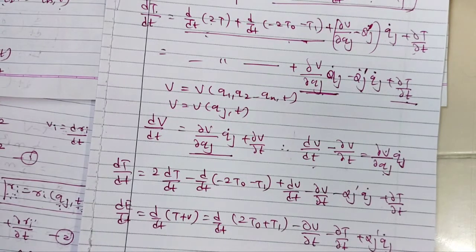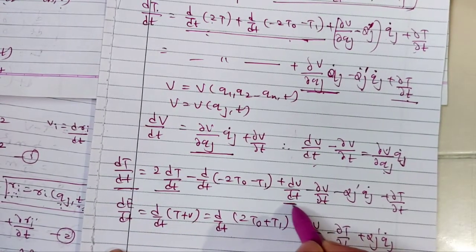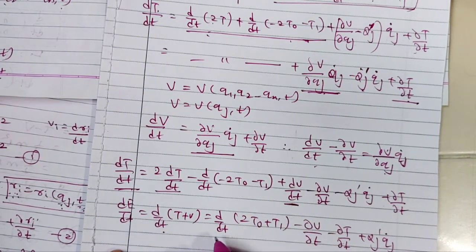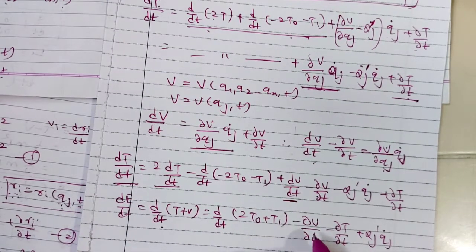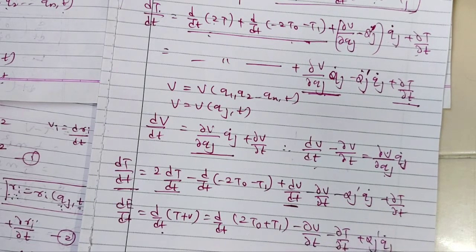So in short, we combined these two terms, took this term on one side and the remaining terms are over here, so we got d/dt of 2T0 plus T1. This term as it is, this term as it is, and only the sign changed: plus has become minus, minus has become plus, and these terms were adjusted. This has remained as it is on the RHS.